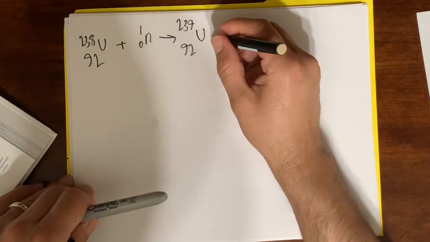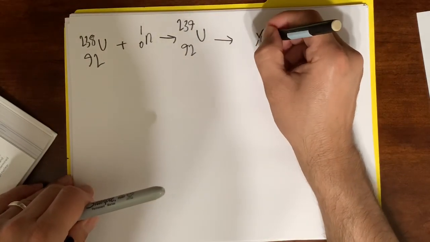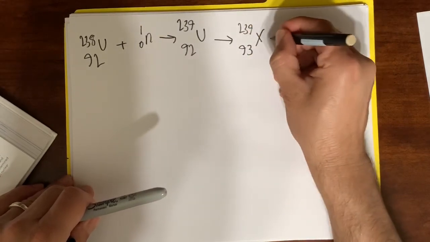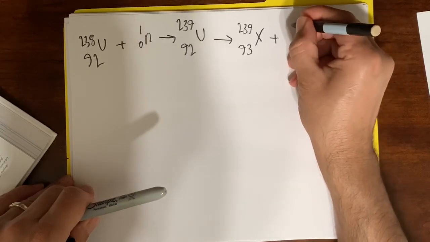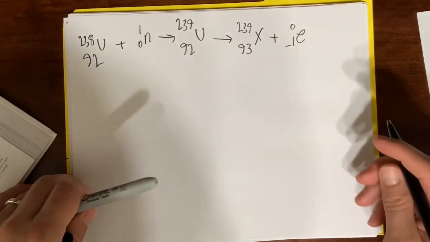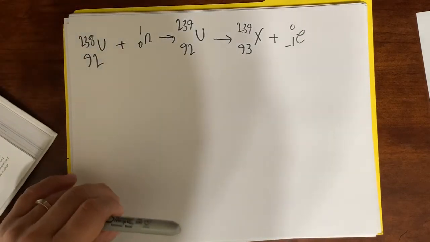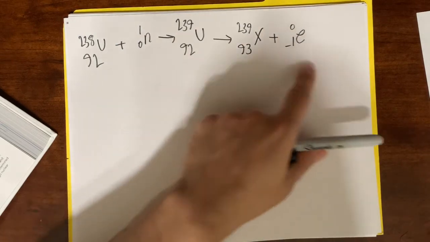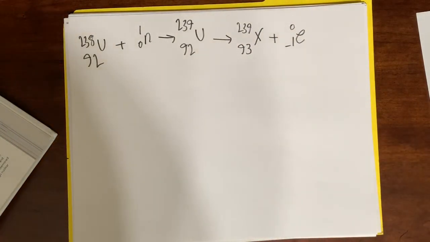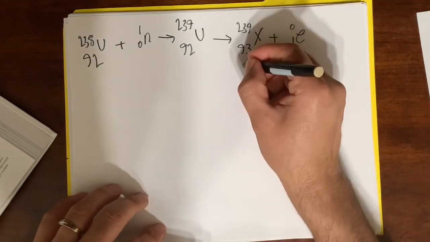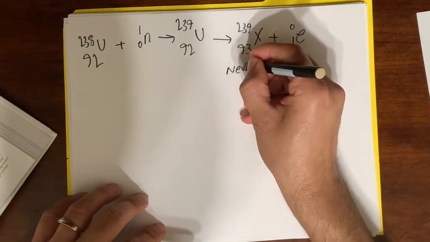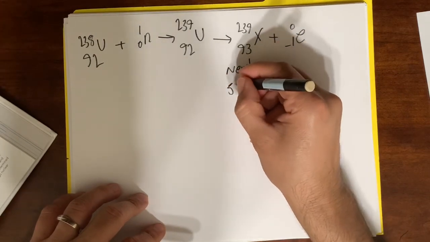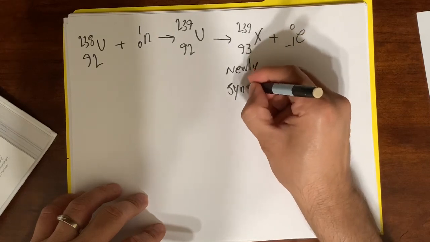This isotope will turn to 239 and 93 plus a beta. Okay, so we added something to it. Now we turn it to another species. So this one is a new species that we generated.